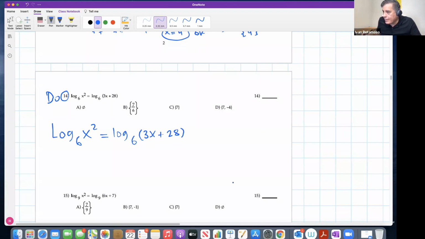Remember, the hint is, since the bases are the same, since these parts are the same, drop that, just set equal the arguments. So just write it out so you can work on that, and solve this quadratic equation. Once you get your solutions, check them. Hint, try to transpose these two terms to the left side, leave 0 here so you can factor.